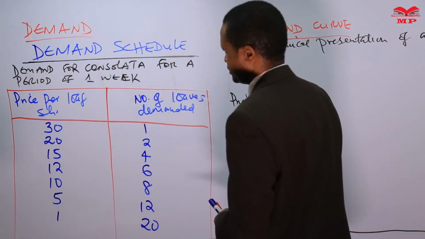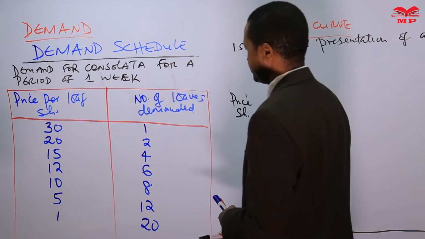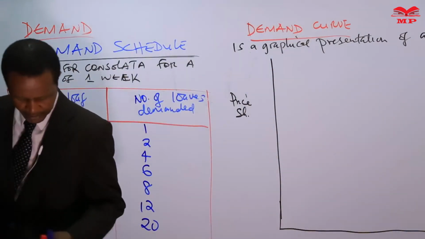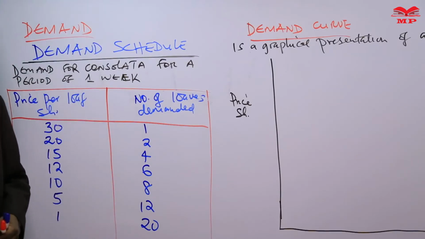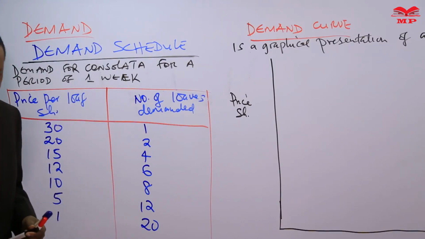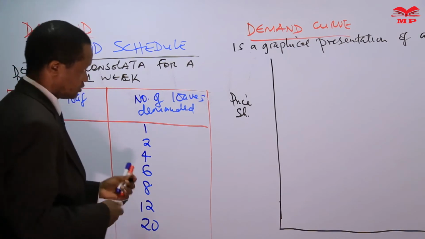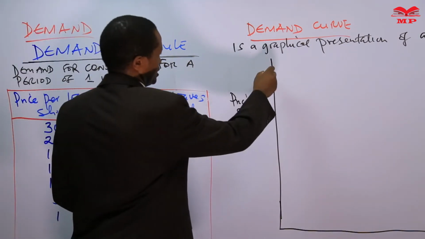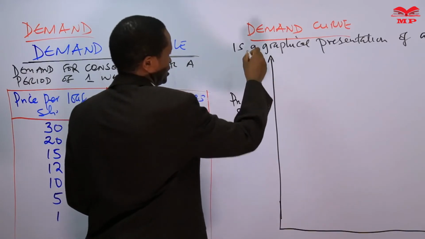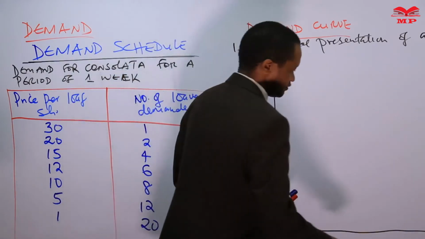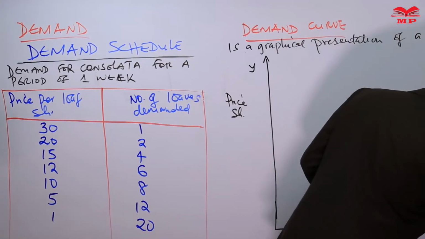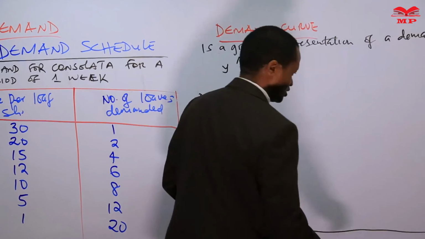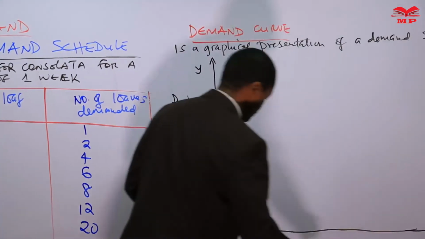We'll have the price and the quantity demanded. This is the y-axis of the Cartesian graph, and this is the x-axis. On the x-axis, we'll have the quantity of loaves demanded.